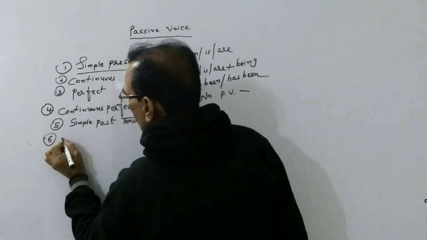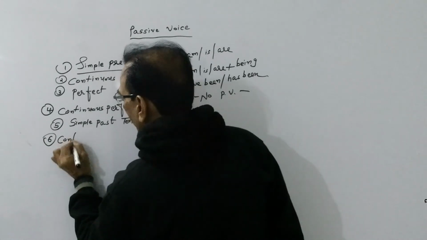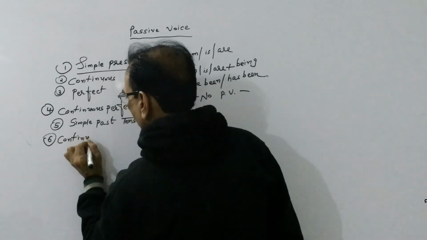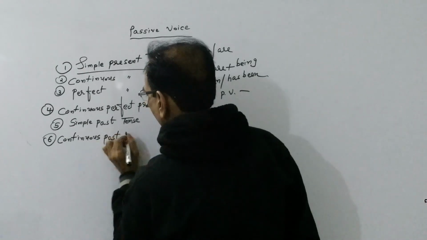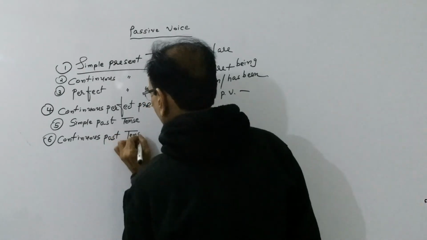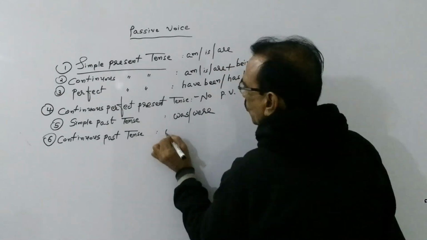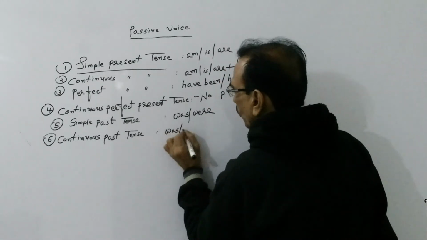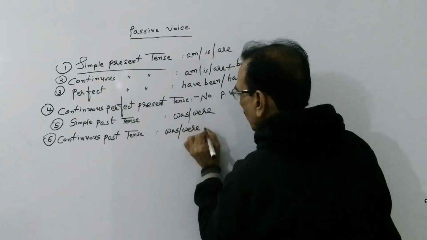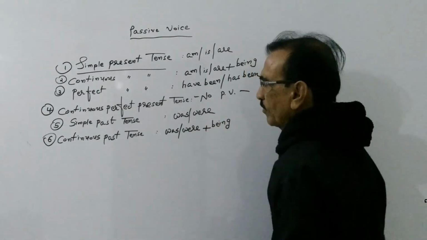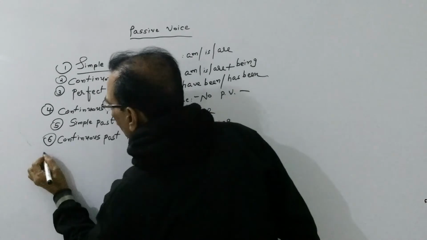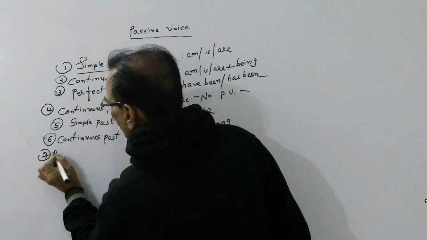In past continuous tense, we use was or were plus being. Now, next one is past perfect tense.